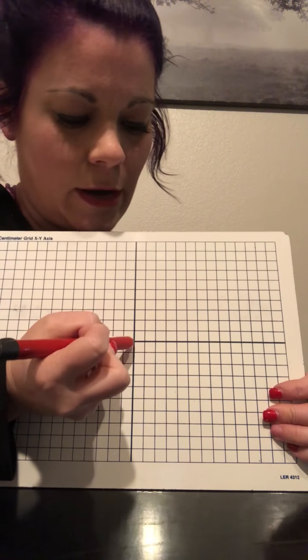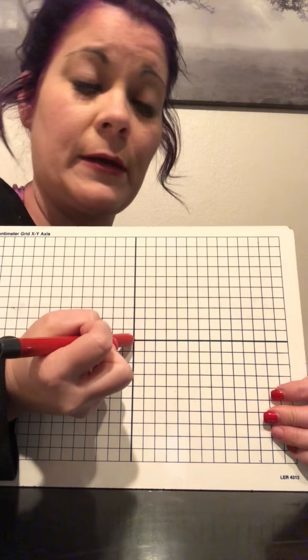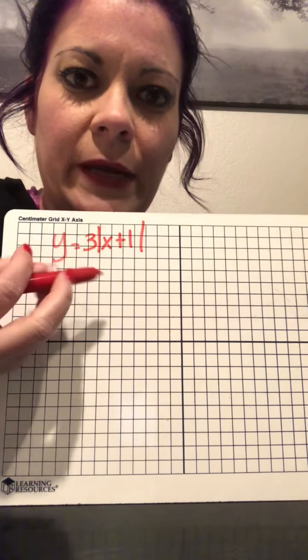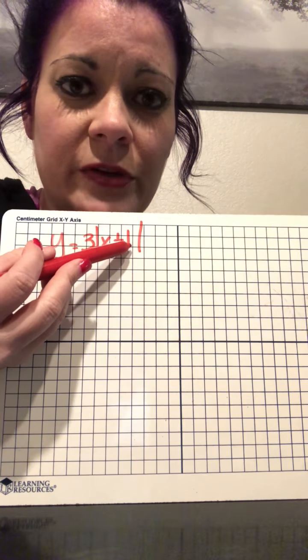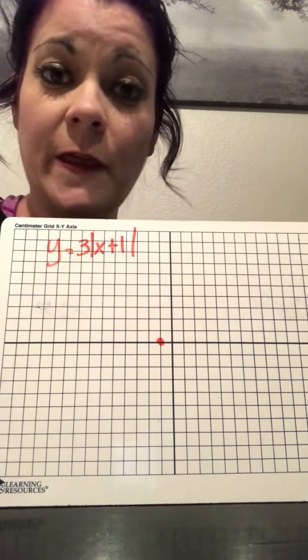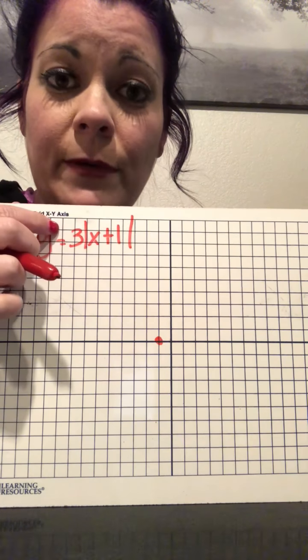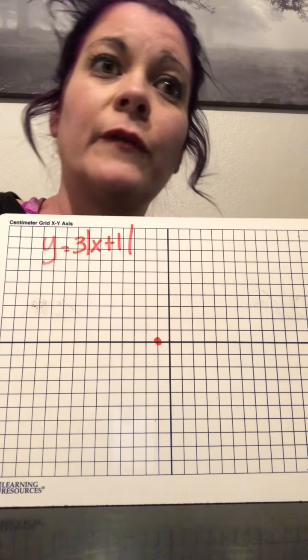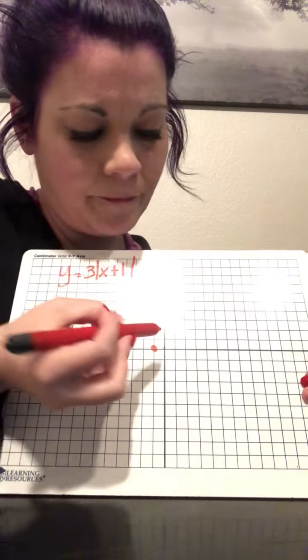So when we graph it, again, my parent graph starts at 0, 0. I'm going to write it up here: y equals 3 times the absolute value of x plus 1. We have x plus 1, so we know it's going to shift left 1, and our vertex is going to stop right there. But since we have a 3 here, instead of doing a slope of 1 and negative 1, we're going to do a slope of 3 and negative 3.